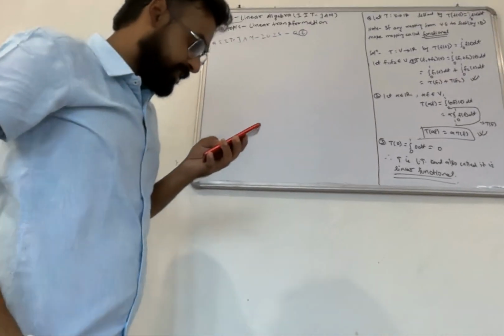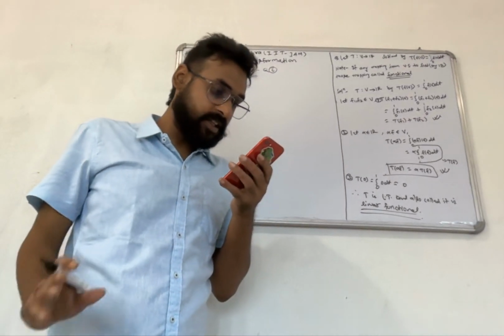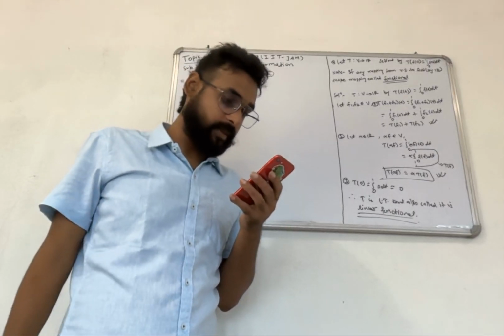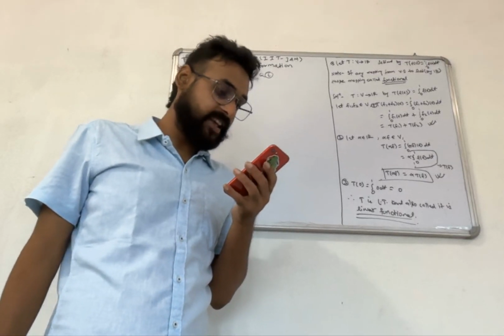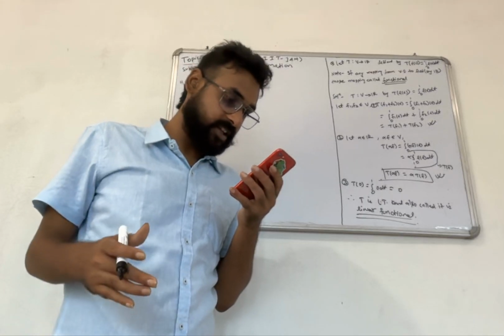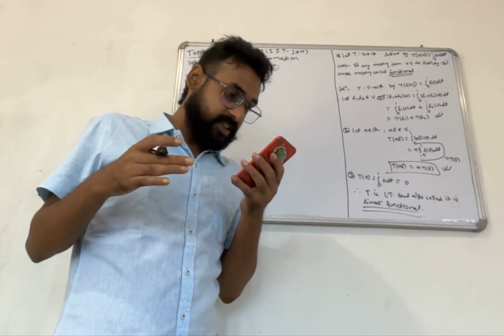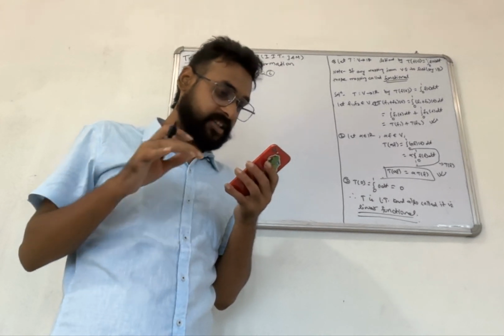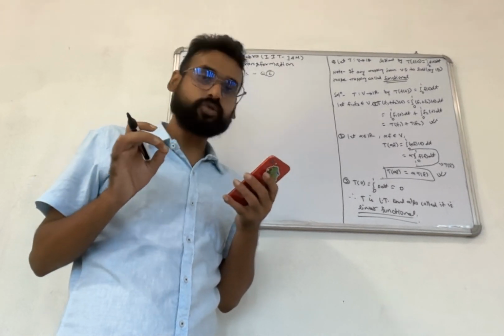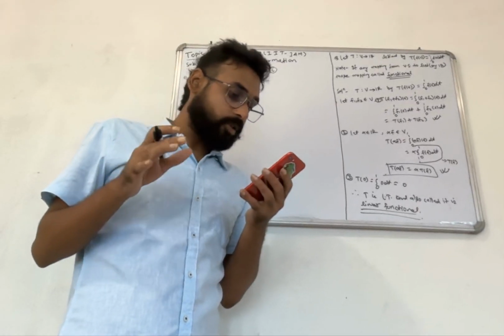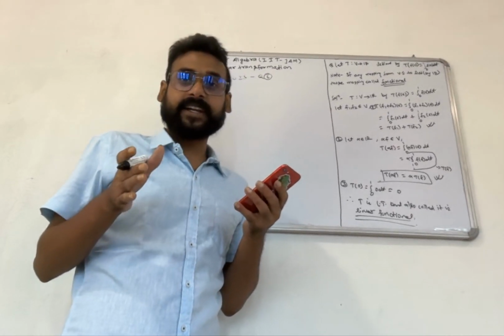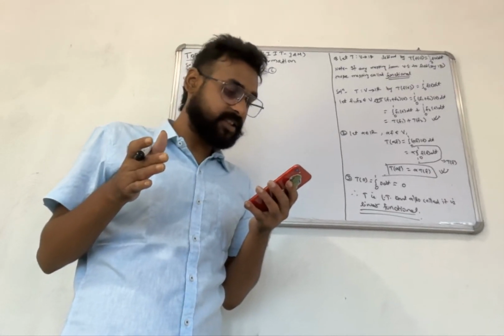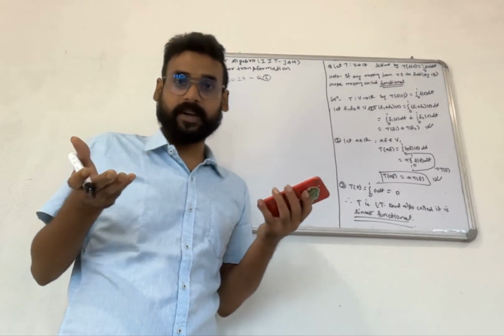It says define T from R3 to R3, a linear transformation, defined by T(x, y, z) equals (x plus z, 2x plus 3y plus 5z, 2y plus 5z) for all (x, y, z) in R3. Which of the following is true? Is this linear transformation one-one, onto, or bijective?